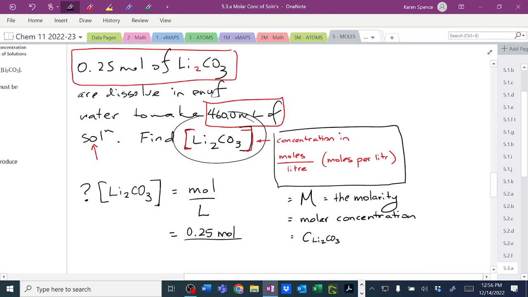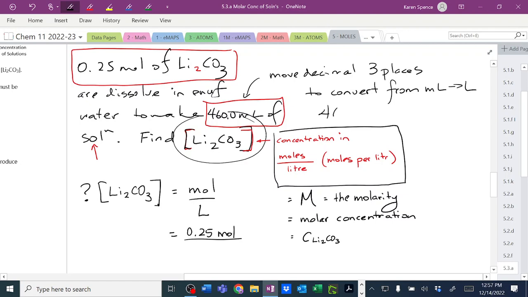And can you do that conversion from milliliters to liters? Yes, it is. You have to move your decimal place 3 places. You do not need to show the conversion if you can do it in your head. Okay? So you're going to move the decimal 3 places to convert from milliliters to liters.